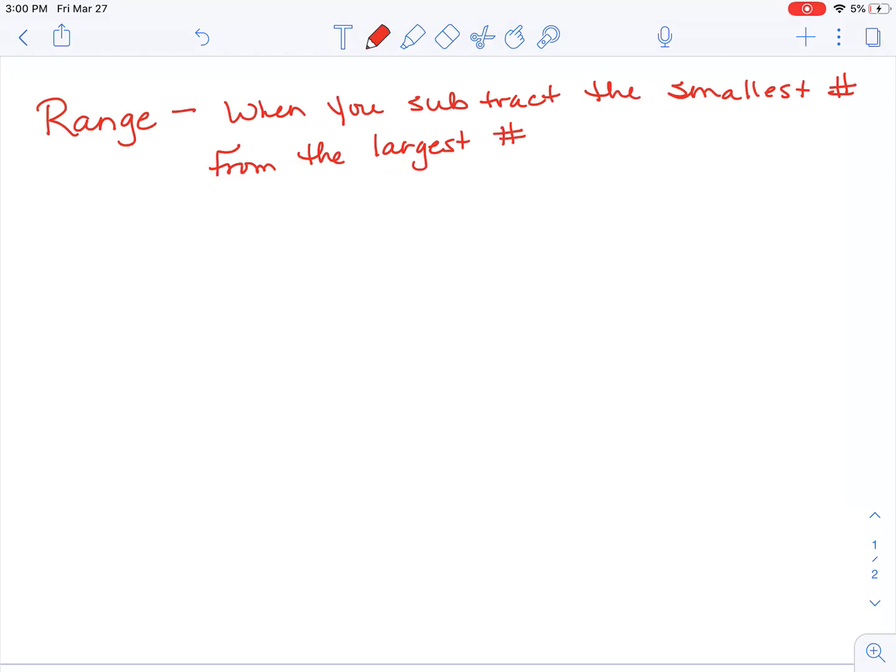So again, you don't have to put your numbers in order, but oh, it makes it so much easier if you do. And we're going to get to a point where I'm going to give you a set of data, and I'm going to ask you to find the mean, the median, the mode, and the range. Well, to find the median, you're going to have to put them in order anyway. So just get in the habit of putting them in order.